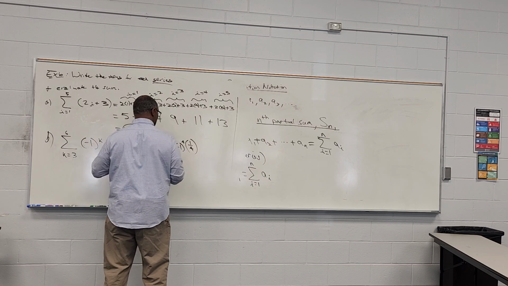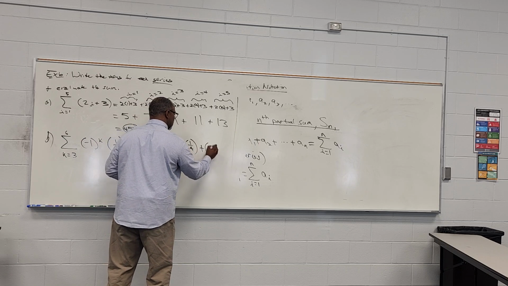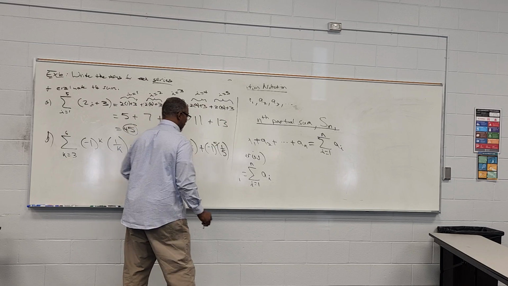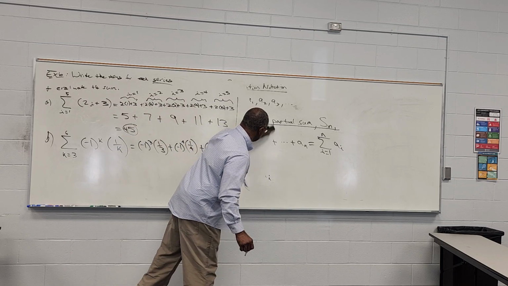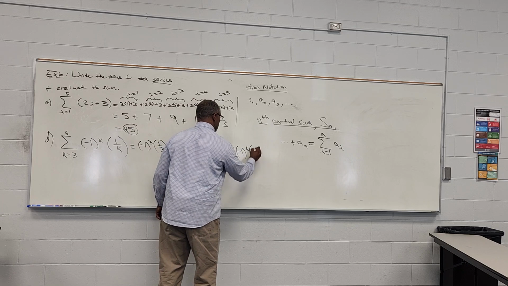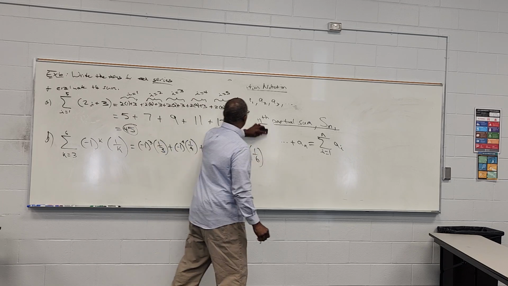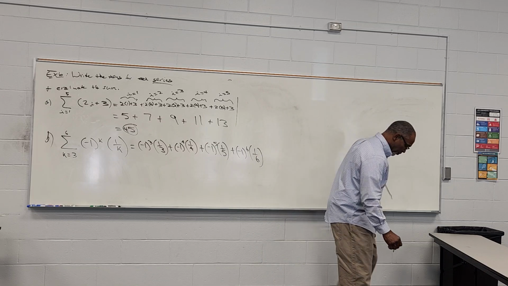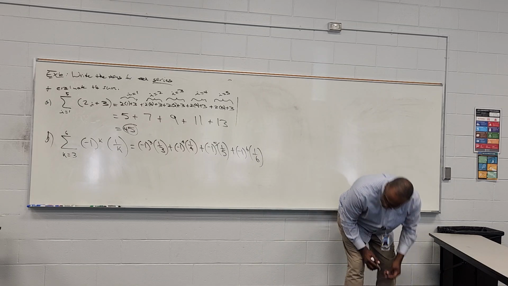When K equals 5, negative 1 to the 5, 1/5. And finally, when K equals 6, that would be those first terms from K equals 3 to 6.